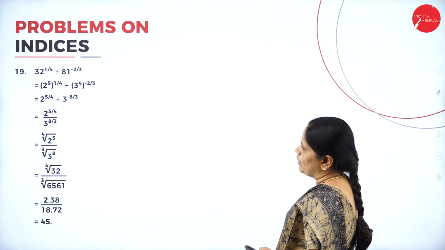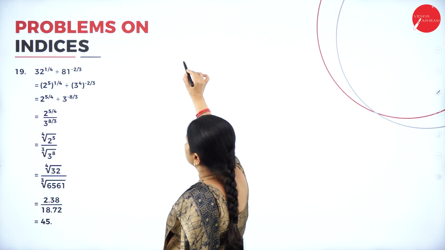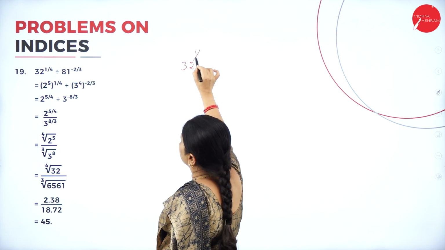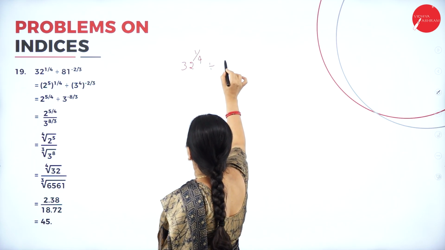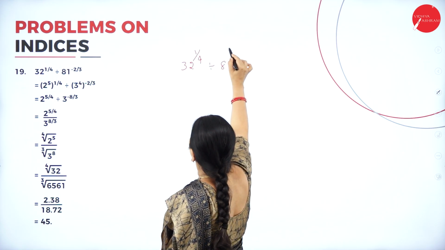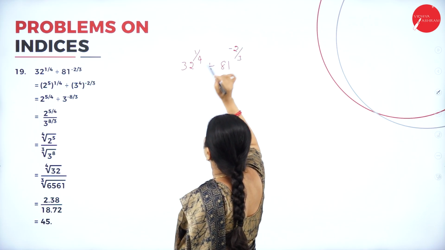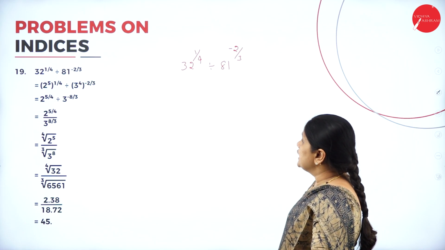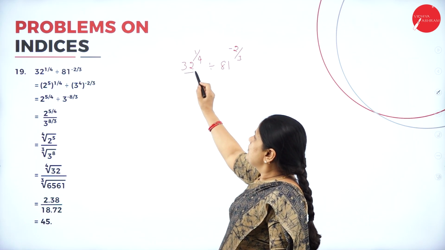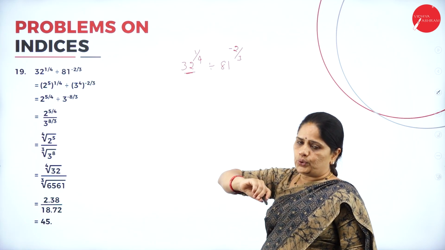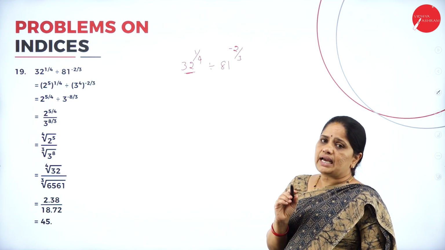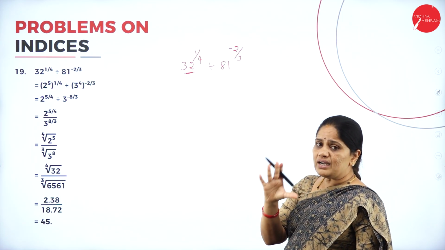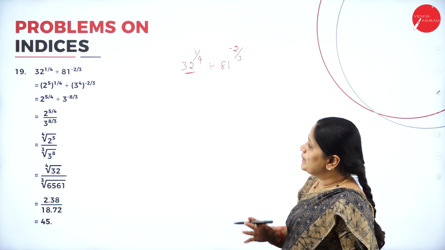So the next problem is 32 to the power of 1 by 4 divided by 81 to the power of minus 2 by 3. Now this 32, what is the number given here? You should try to see that it is raised to a common power or a common base.